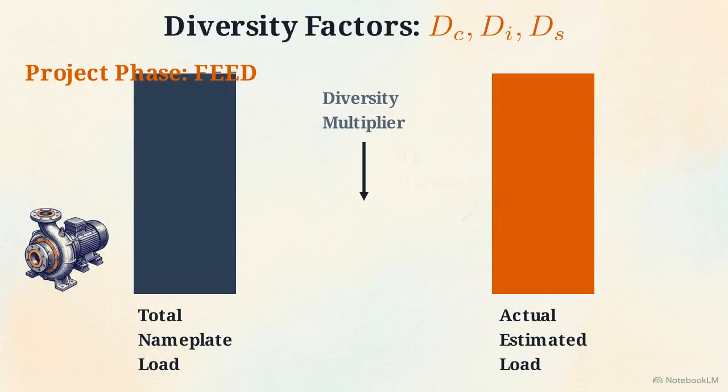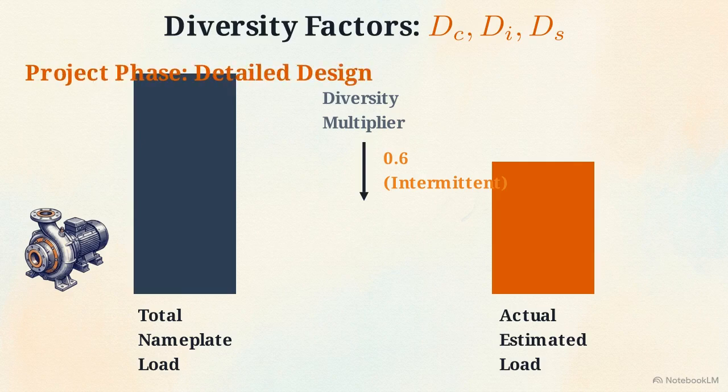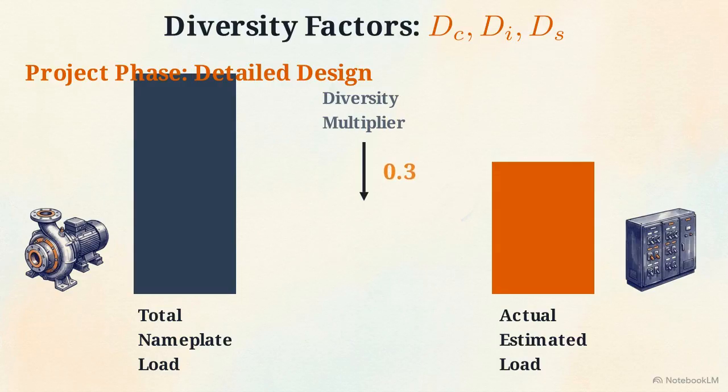Watch how the multiplier changes as the project matures. During front-end engineering design, an intermittent load might get a conservative 0.6 factor. As we move into detailed design and receive firm purchase orders with actual manufacturer data, that factor drops to 0.3, precisely shrinking our actual load calculation.